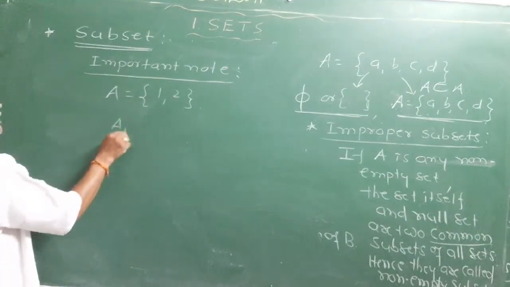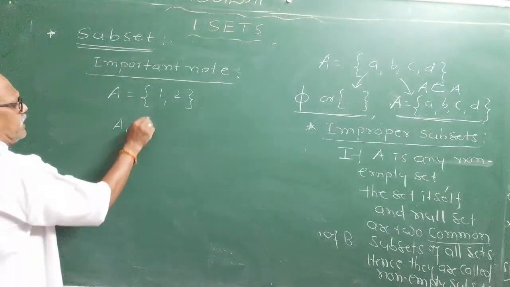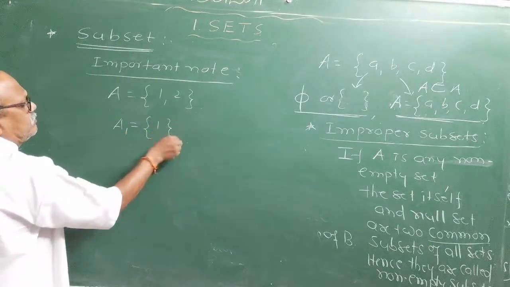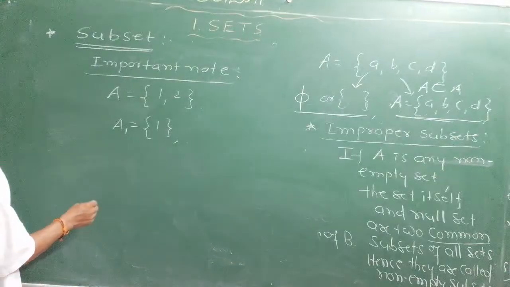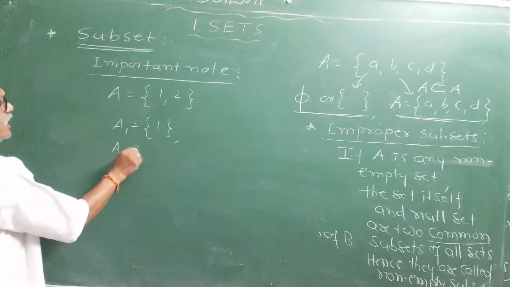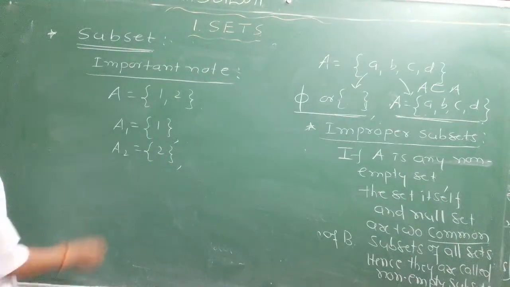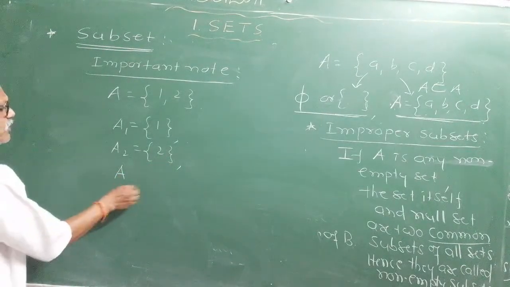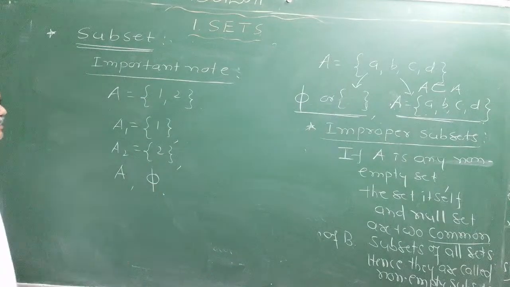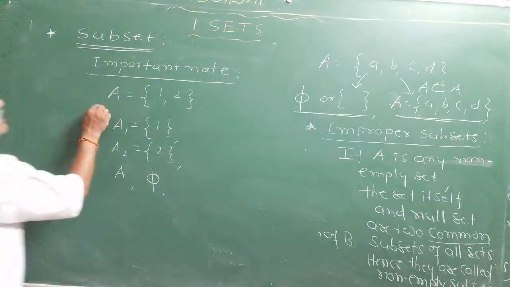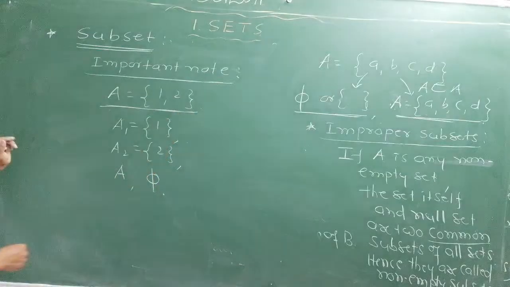Say A1 is a proper subset which consists of only one possibility, and A2 is containing only 2, another possibility, and A itself is another possibility, null set is another possibility. Totally how many subsets are there for set A?